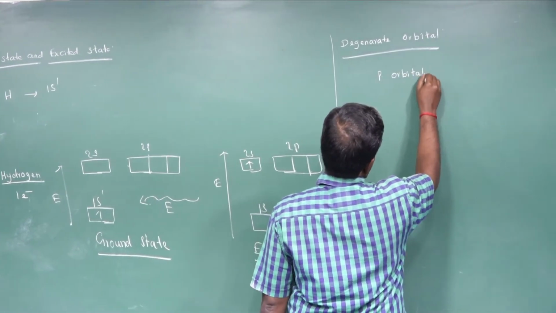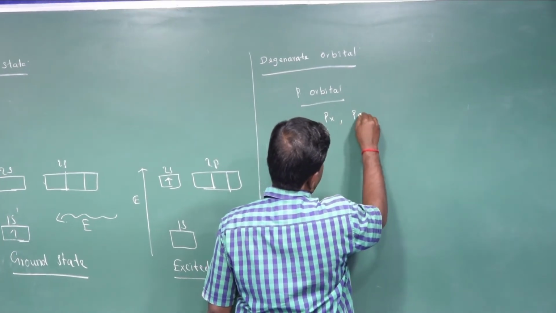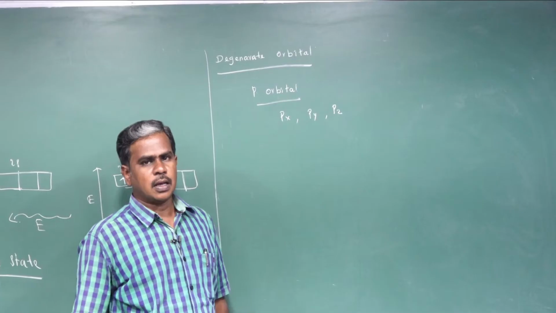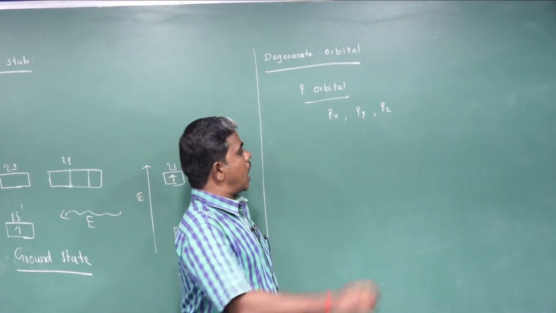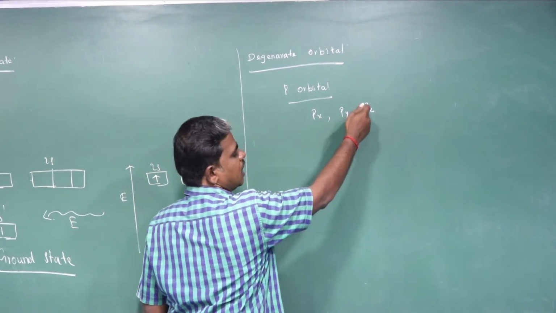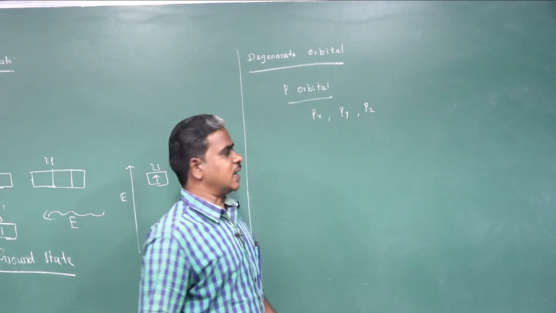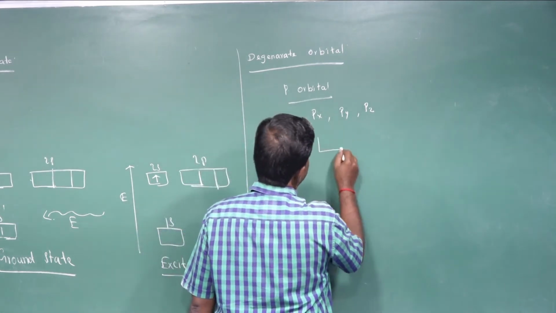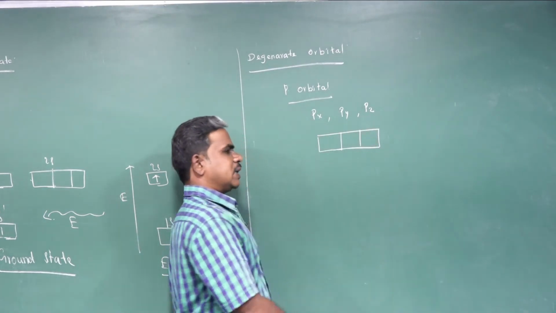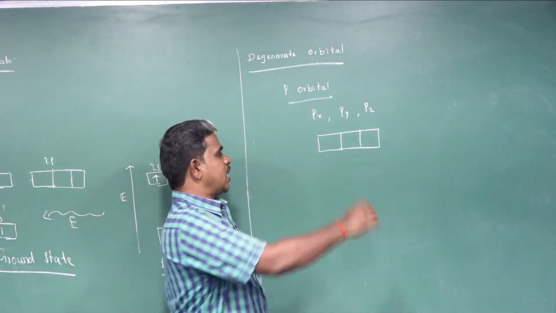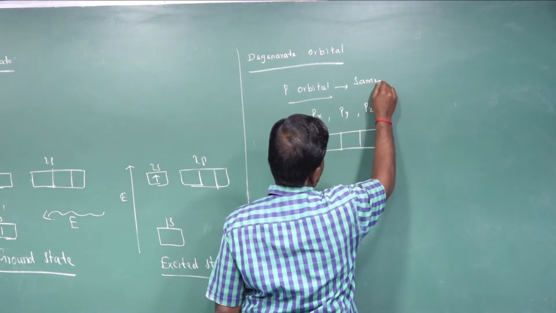The p orbital has 3 orbitals: px, py and pz. In space it has 3 orientations, and all three px, py and pz orbitals have the same energy.